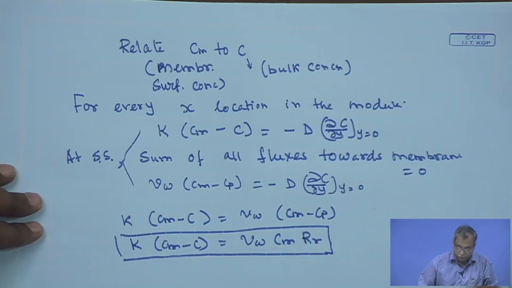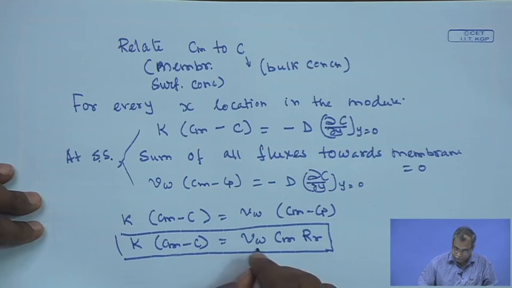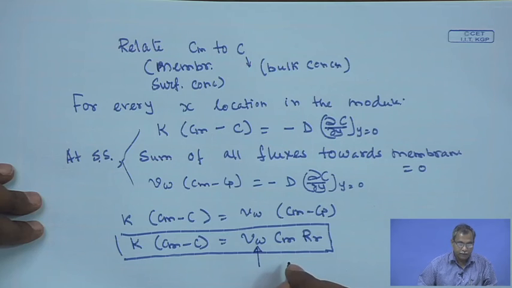So, then what we will be doing, we will be putting the expression of permeate flux here as Lp into (delta P minus delta pi), and we will be expressing delta pi in terms of Cm, and let us see what we get.